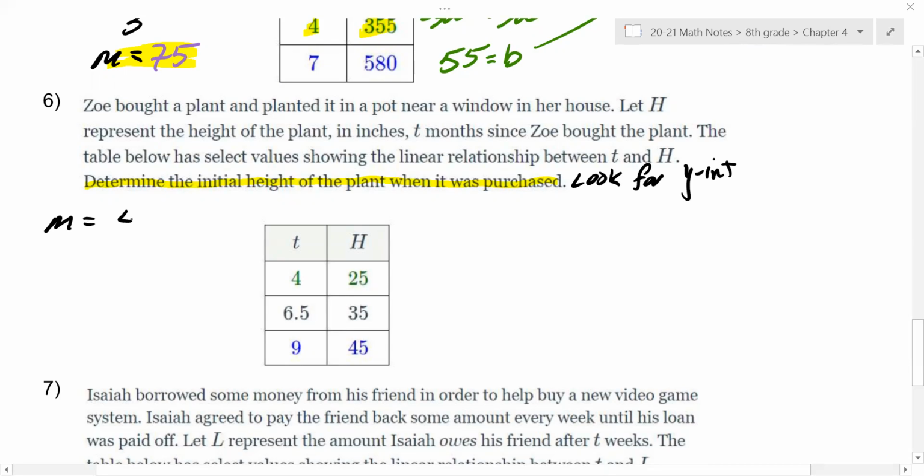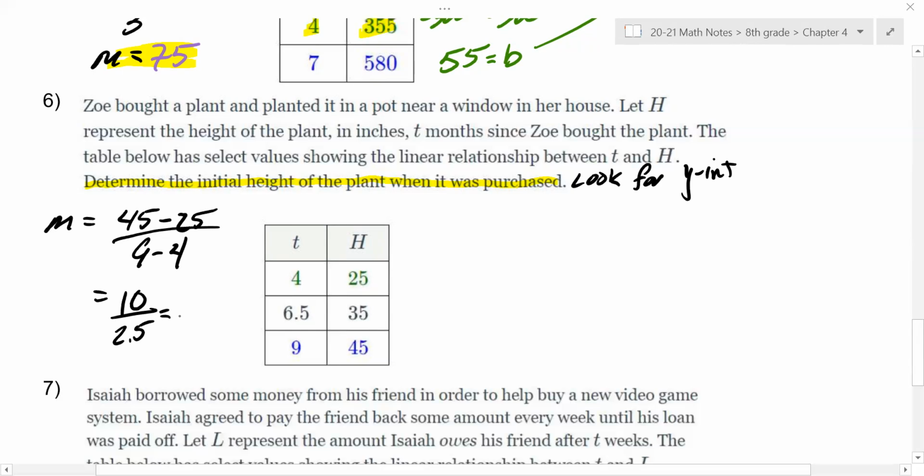Let's do this one, because I don't like decimals, they take too long. But it doesn't matter which one you do, as long as you're using the ones that are green and the ones that are blue. And 9 minus 4. So now we have m equals 10 over 2.5.